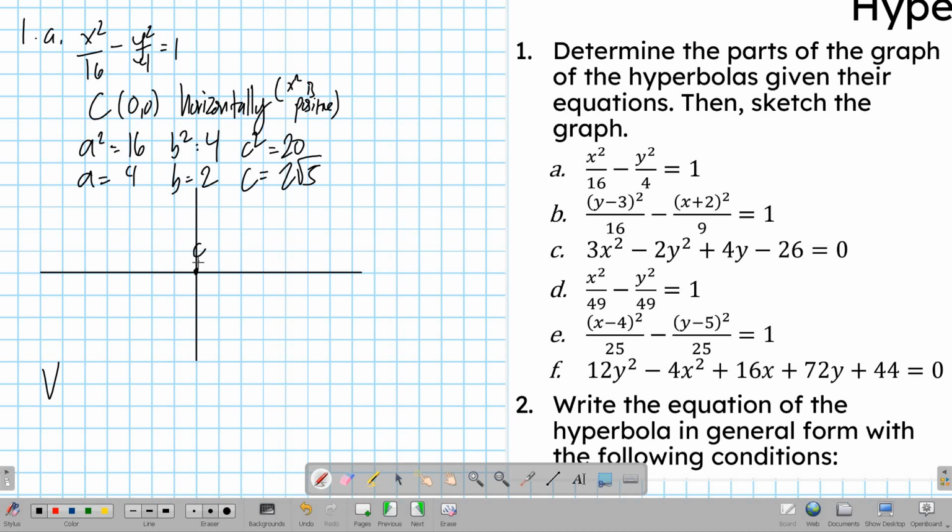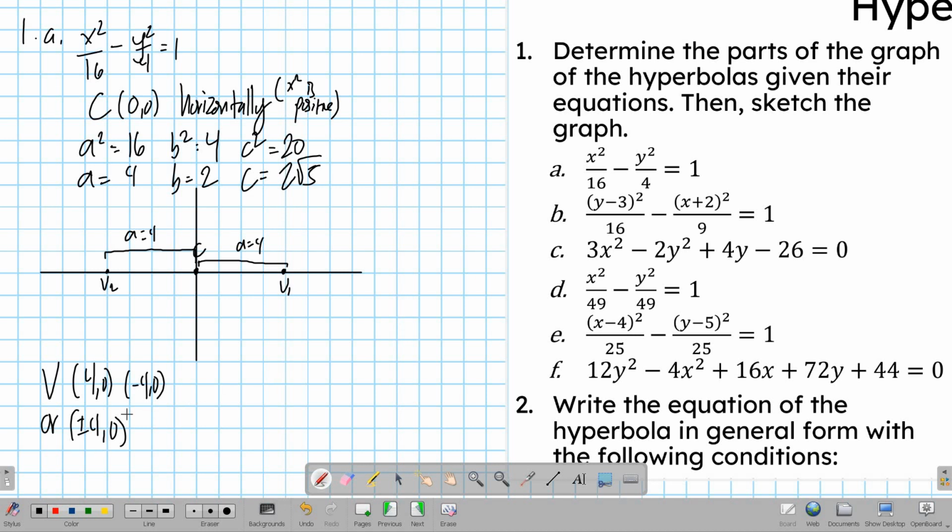So that's 1, 2, 3, 4. 4 units to the first vertex. And 4 units, 1, 2, 3, 4, to the other vertex. So therefore, we have here the points 4, 0 and negative 4, 0. Or we write it as plus minus 4, comma 0.